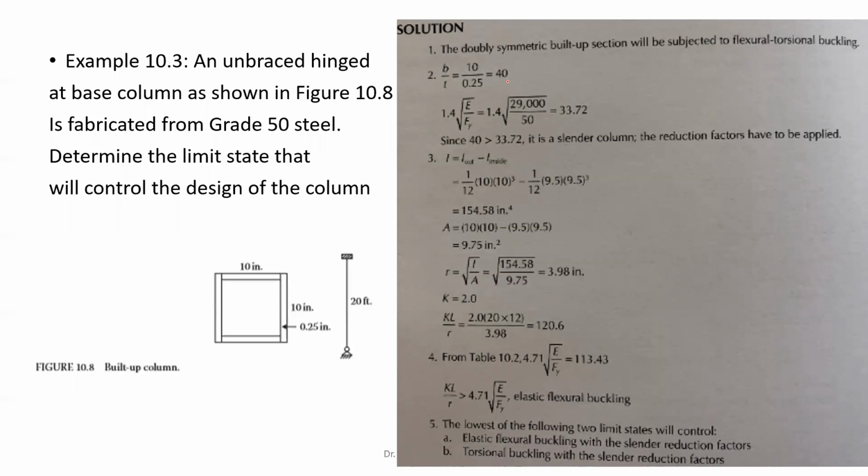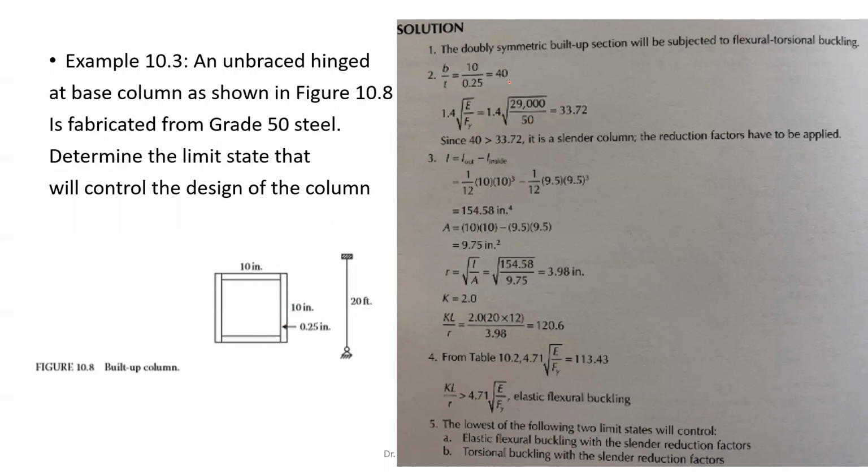Now, if you go to table 10.1, remember here we have a box or tubing scenario, that's what we should check against, 1.4 times the radical and so on and so forth. So the value here, plug and chug, is 33.72.